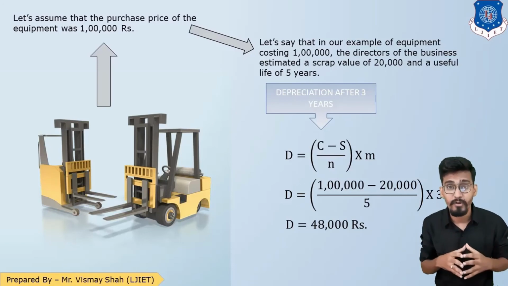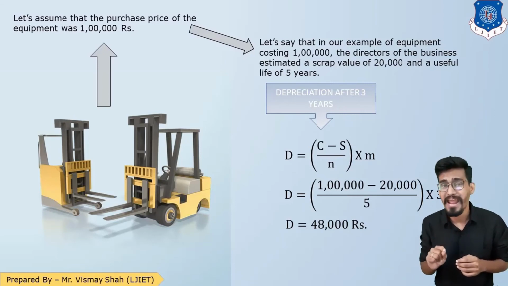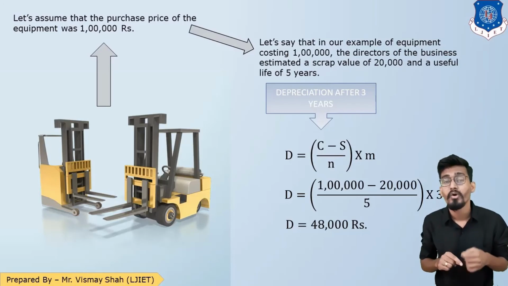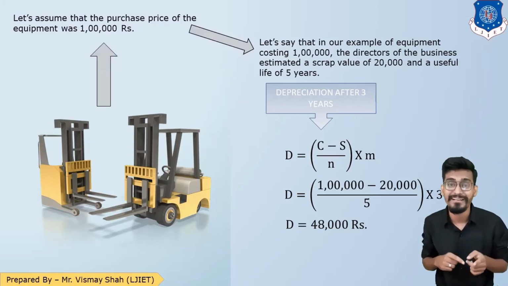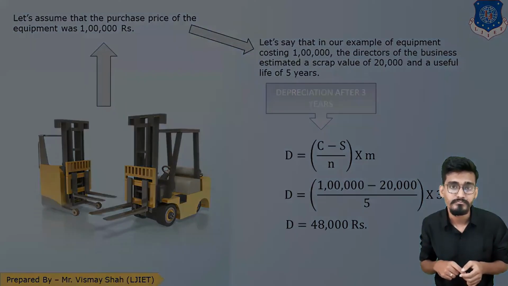So there is a direct formula, as you can see on the screen: D equals C minus S upon N, into M. M is the year for which you want to find the depreciation. So D into M, and in our case the value will become 48,000 rupees.